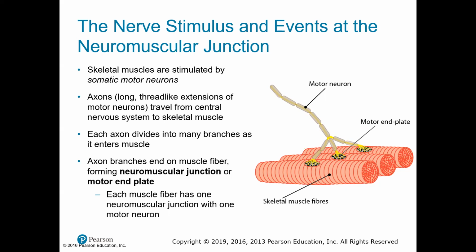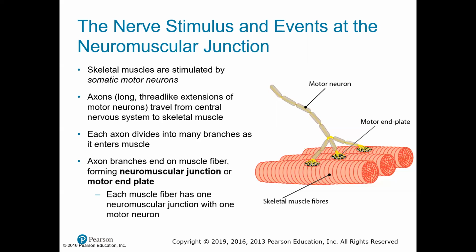The axon ends in a structure known as the axon terminal. And the axon terminal is what forms half of the neuromuscular junction. The axon terminal rests slightly above the motor end plate. So every muscle cell will have an axon terminal indirectly in contact with it.